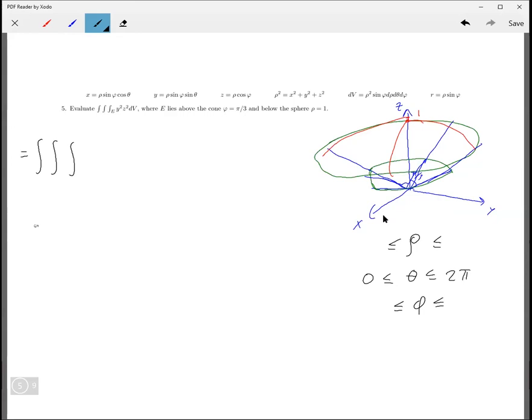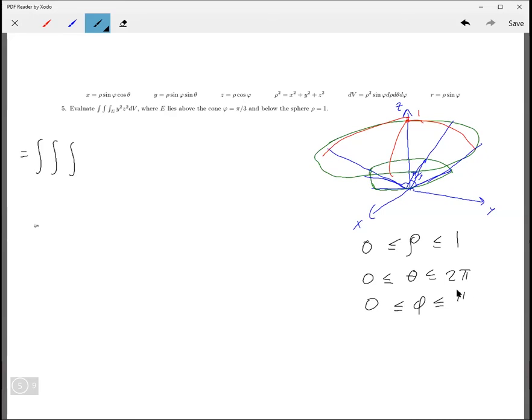Good. Okay, rho is going to go from 0 to 1 because it starts at the origin and hits the top part, the dome, and that's 1 from the origin in any direction. Phi, what do you think phi is going to be? 0 to pi over 3.